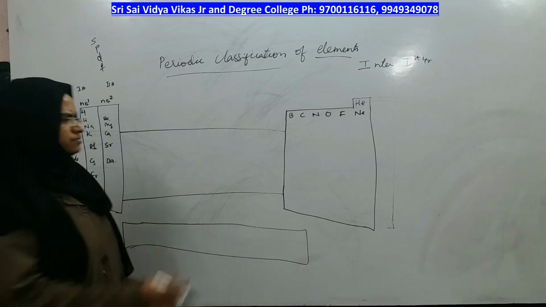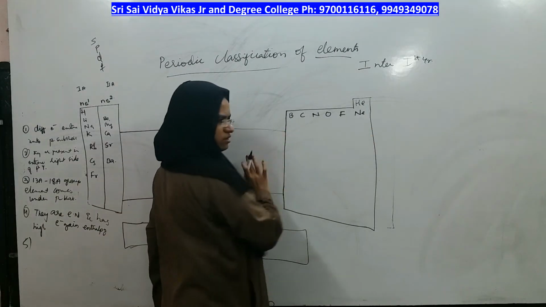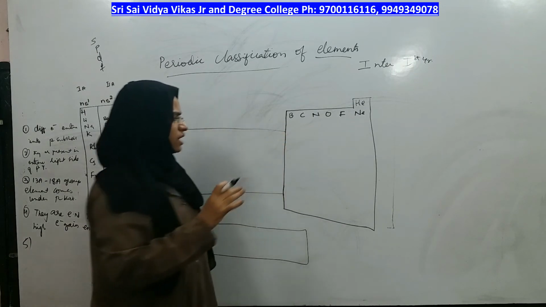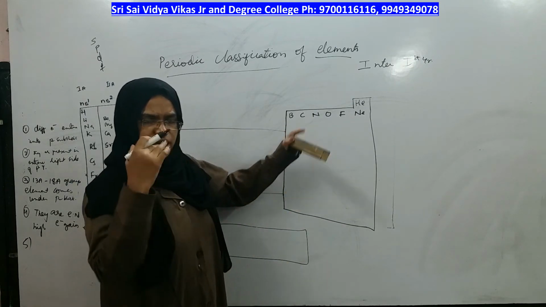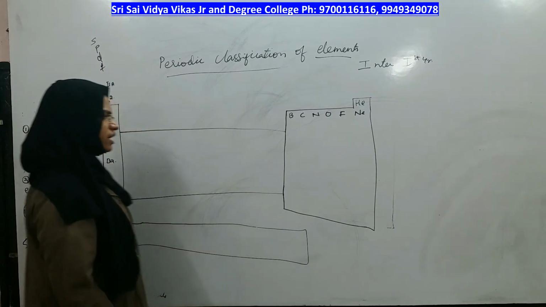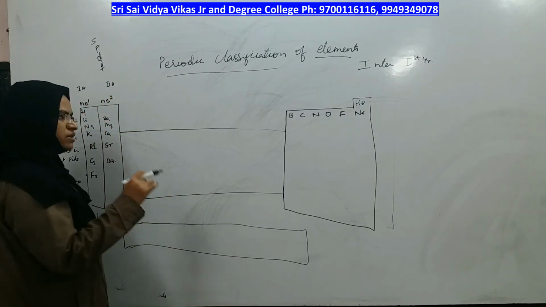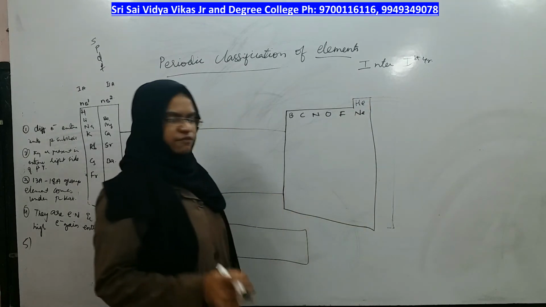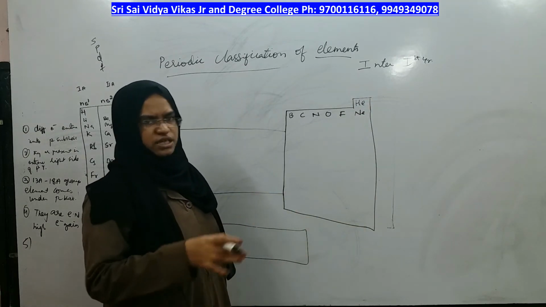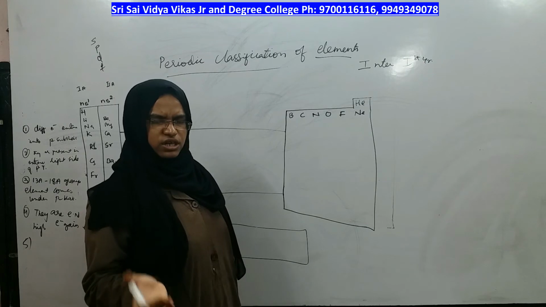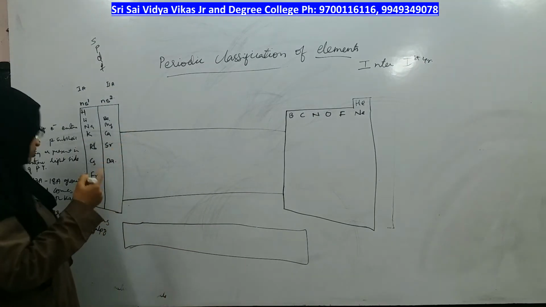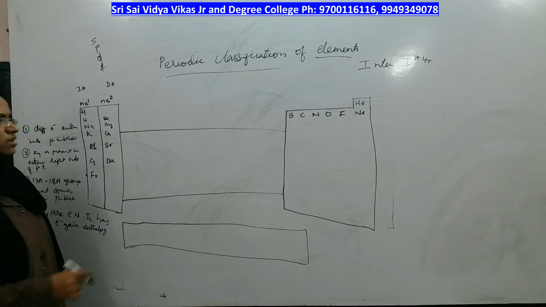From left to right of this block, the elements become even more electronegative and finally they become zero group elements or noble gases having fully filled electrons, and they can neither lose nor gain electrons. Now let us write the general electronic configuration of these elements.